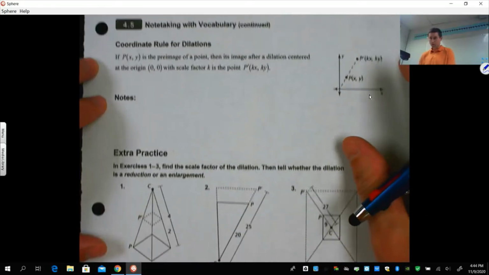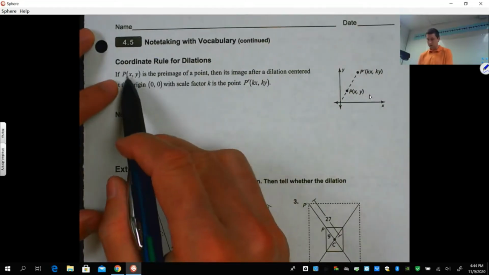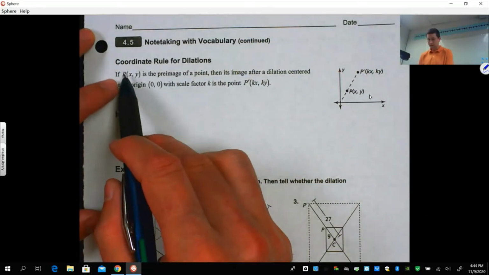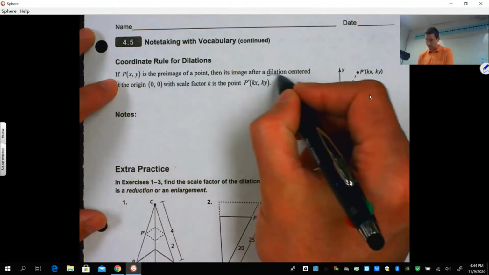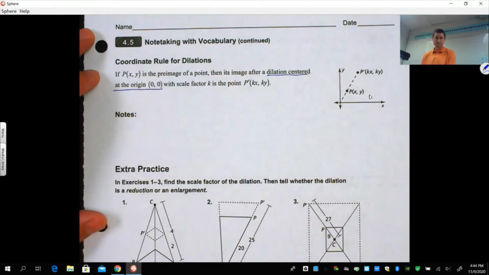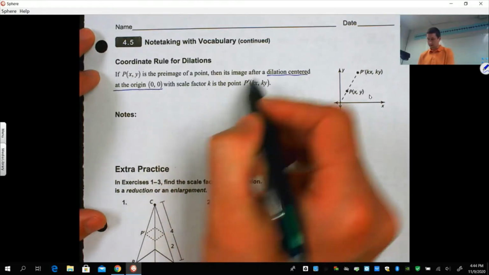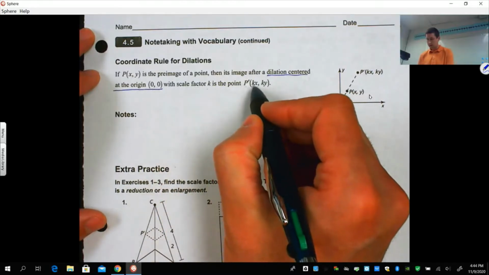Okay, so here's the rule on the coordinate plane. If we're on the coordinate plane, you have a point (x, y), it's the pre-image point. Then this image, after a dilation centered at the origin with a scale factor k, is the point P prime of (kx, ky).